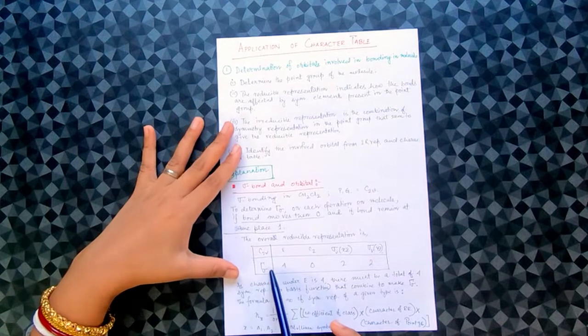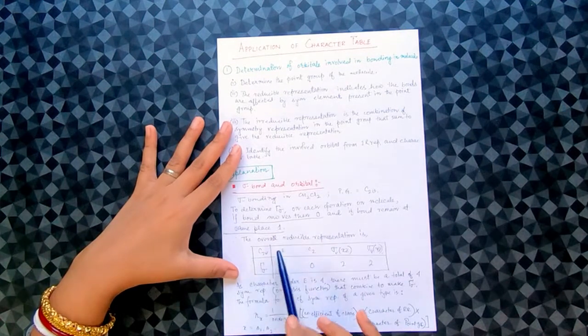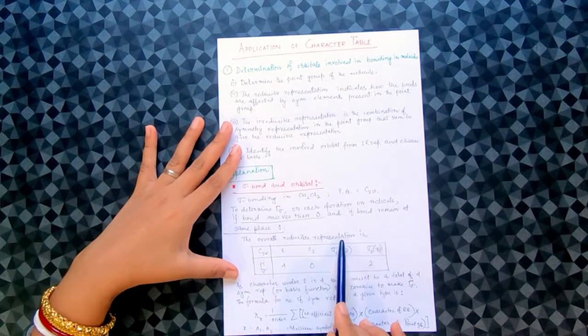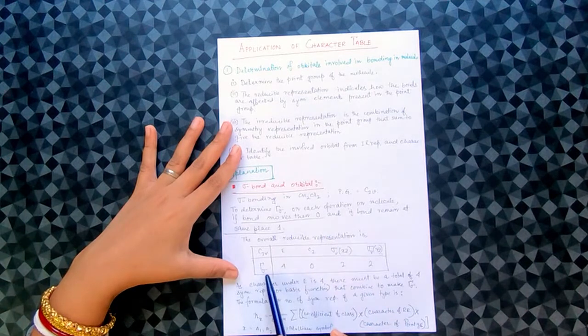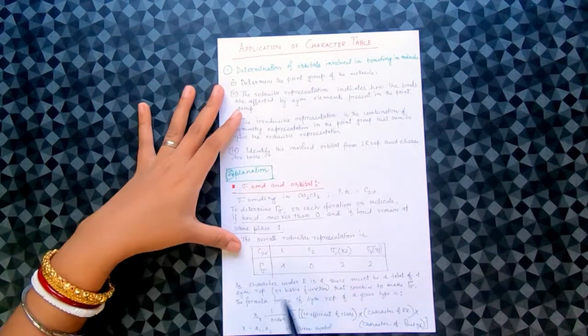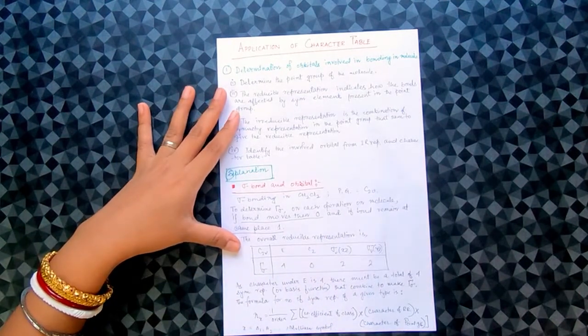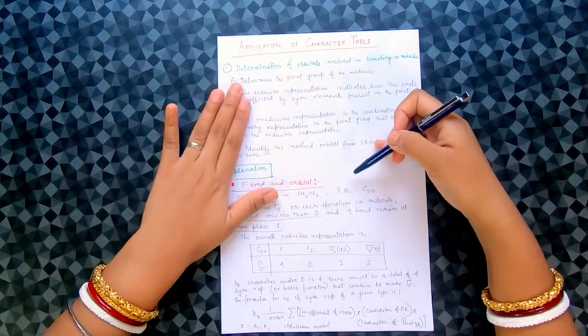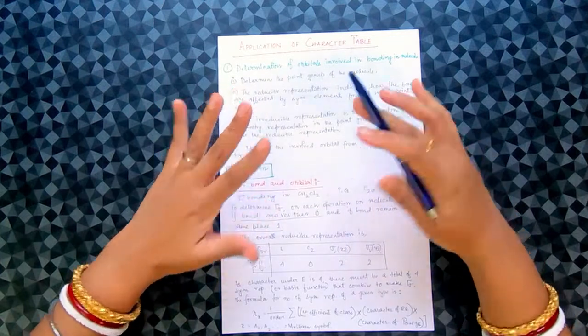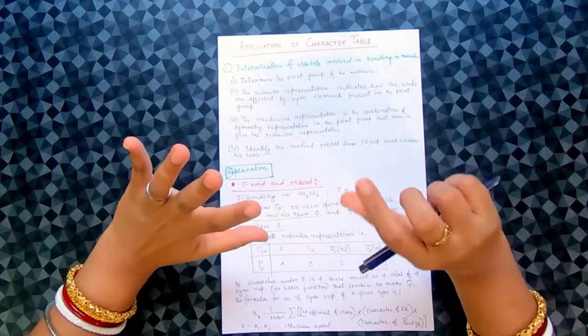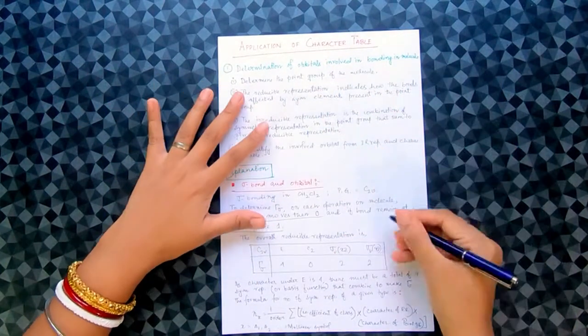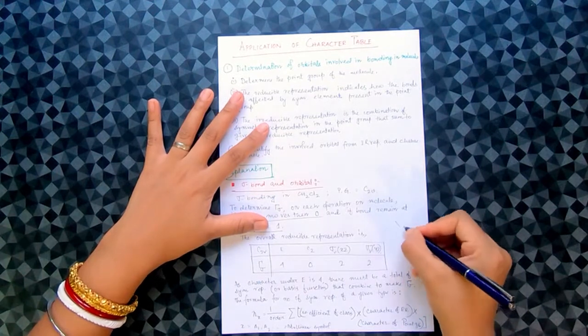So here we have determined the overall reducible representation with respect to the sigma bonds. When we are going to do that, we have to consider the structure of CH2Cl2, like this one.